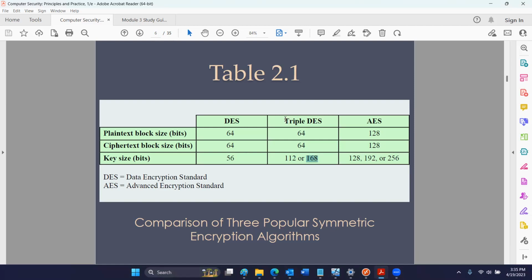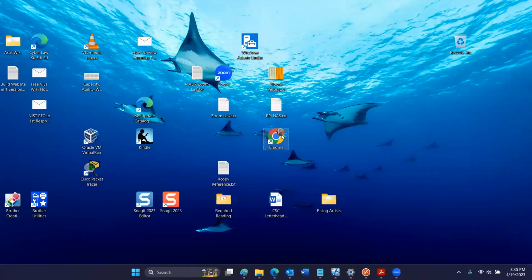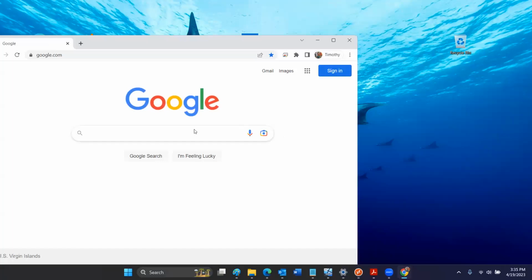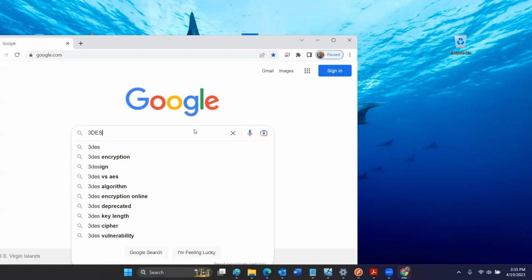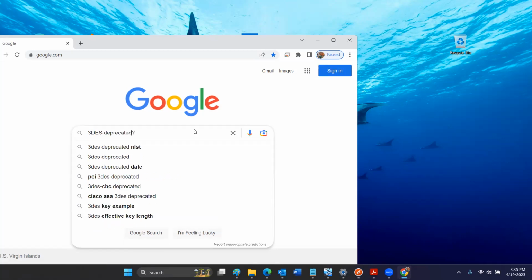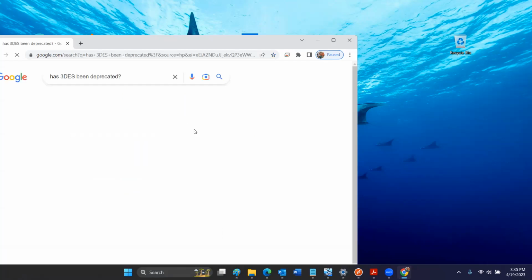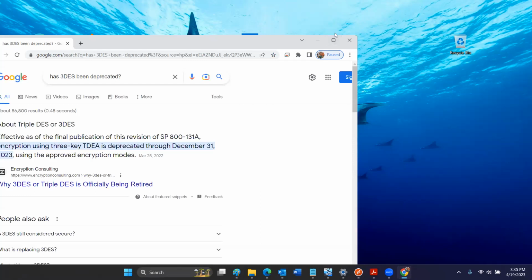I think that very soon triple DES will be broken. In fact, why don't we just look and see if triple DES has been deprecated. So deprecated means retired, right?